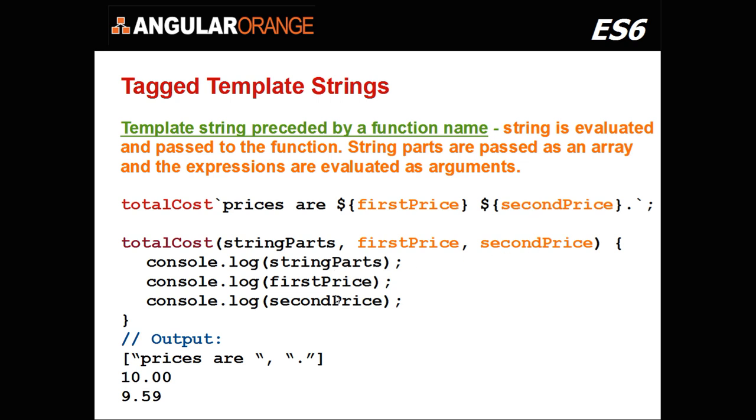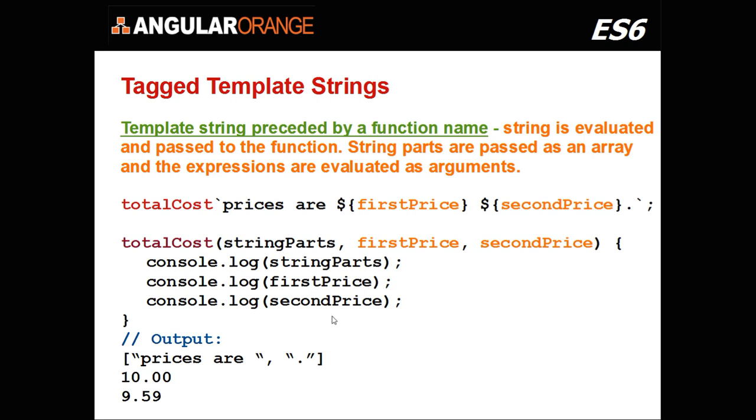So if you logged all these things, you'd basically see the string parts, prices are, and a period, which is this up here, and then you'd see first price and second price.